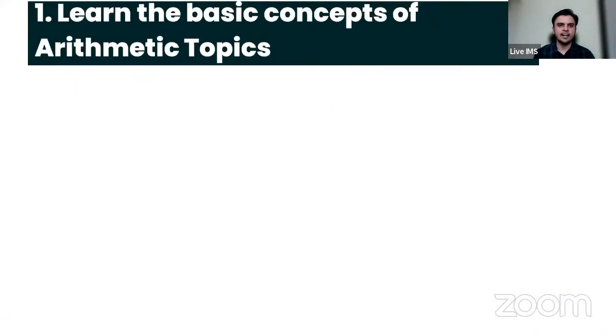So the first thing is that you have to learn the basic concepts of arithmetic topics. That is the first and foremost thing for the QT section. So which important topics are there under arithmetic? You have to prepare a very important topic, that is percentage. If you see the last 4 to 5 years of actual CLAT papers, you will notice that almost 50 to 60% of the weightage is for percentages.